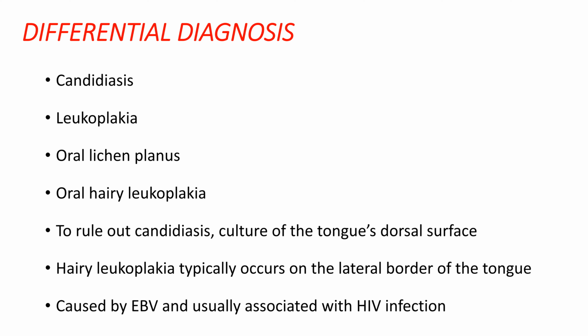Because of the similarity in name, care should be taken to avoid confusing hairy tongue with hairy leukoplakia. Hairy leukoplakia is caused by Epstein-Barr virus, EBV, and is usually associated with HIV infection or other immunocompromised conditions.